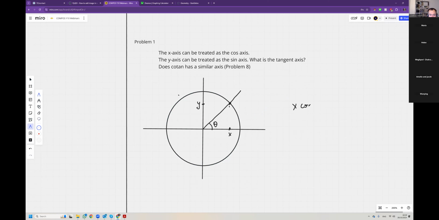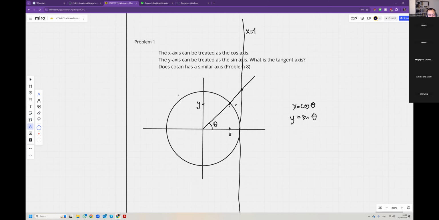Now, if I draw another line that goes like this, then where this ray meets this vertical line, the vertical line has equation x equals 1, of course.